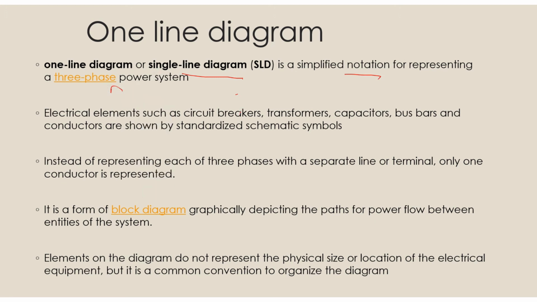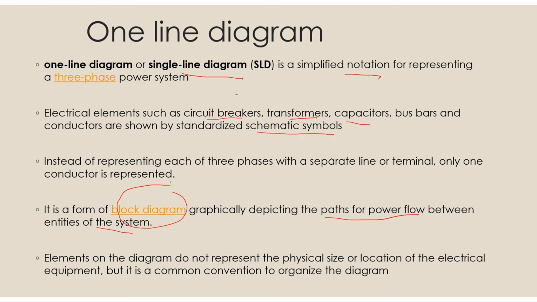In the single line diagram, everything is represented in a block diagram. This block diagram shows the path of power flow between the entities of the system. The entities can be the circuit breaker, transformer, capacitor, all based on schematic symbols.